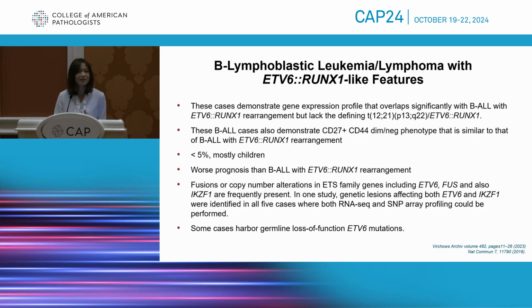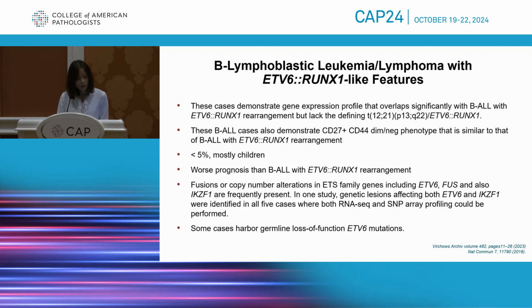The reason why it is important is that preliminary studies from multiple groups show that the prognosis of these kids may not be as good as those that have the ETV6-RUNX1 rearrangement. Fusions or copy number alterations in the so-called ETS family genes, including ETV6, FLI1, and also IKZF1, are very commonly seen in these cases.